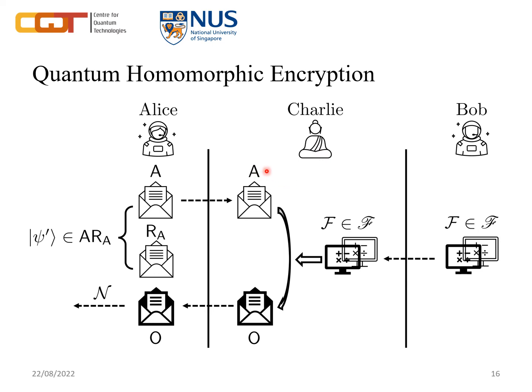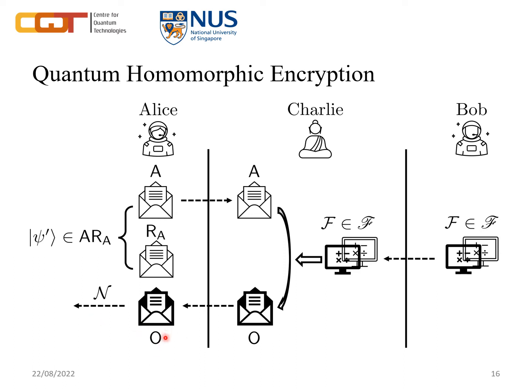Initially, Alice holds her input and her reference system. Alice can send her input to Charlie, and Bob can send the quantum channel he wants to apply to Charlie. And Charlie will perform the quantum channel on Alice's input and send the result back to Alice.